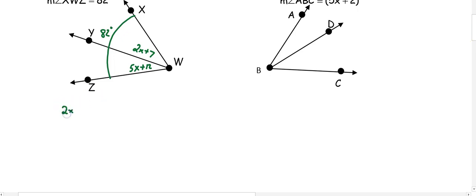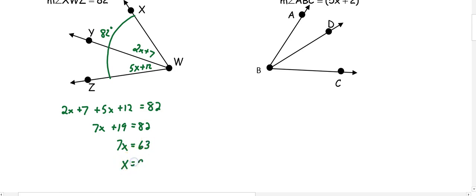The smaller two angles added together equal our large angle of 82 degrees. So when I combine like terms, 7x plus 19 equals 82. We're going to subtract 19 from both sides, so 7x equals 63, and divide by 7, so x equals 9.